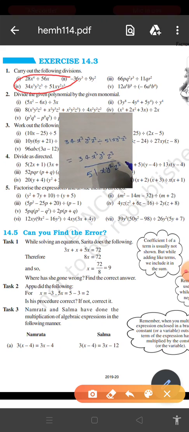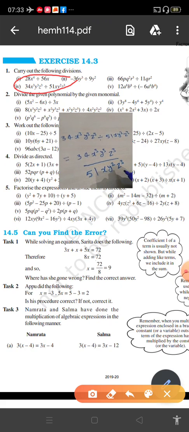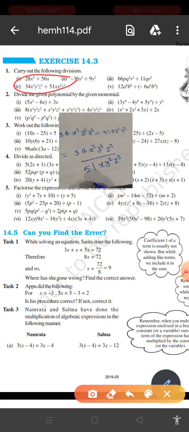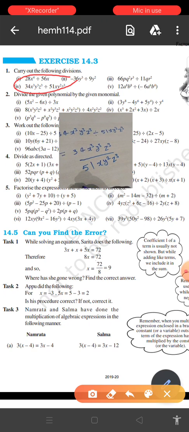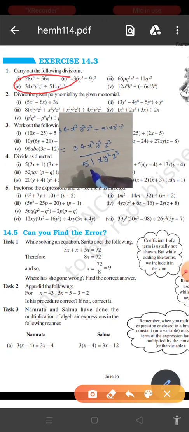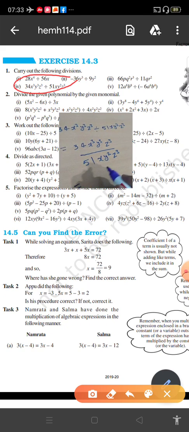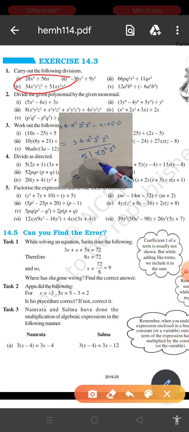This is given. Okay, so break it into common factors, and then we will cancel it. Or you can say as irreducible form, whatever.